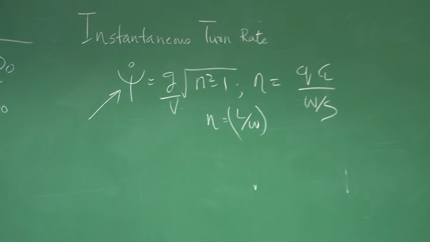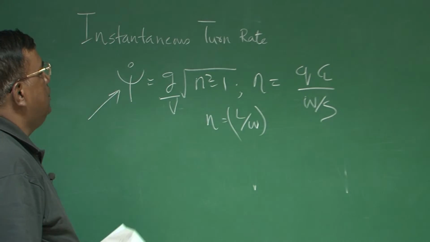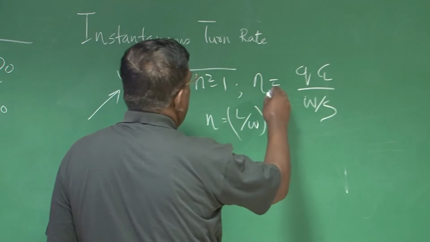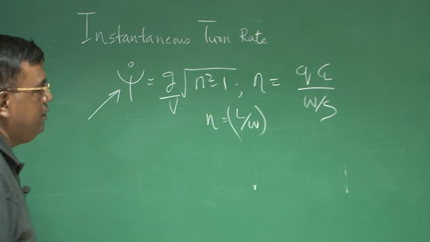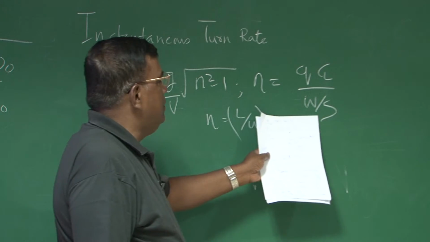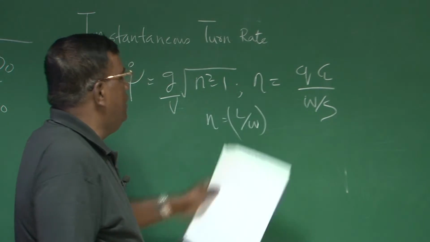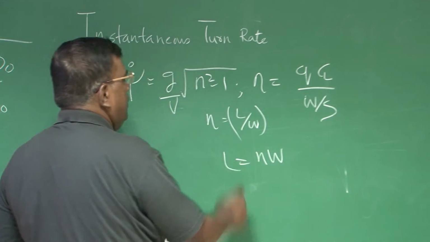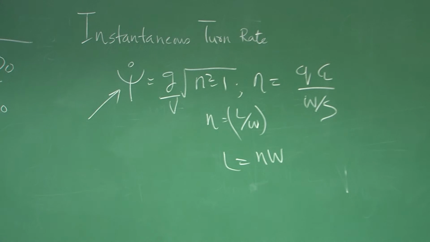So depending upon what N is, at what speed you are looking for, you can have psi dot, and once you have N and dynamic pressure and CL, then you know what the wing loading is using this equation. To get CL, you know that L equal to NW. So from there you can find out CL.